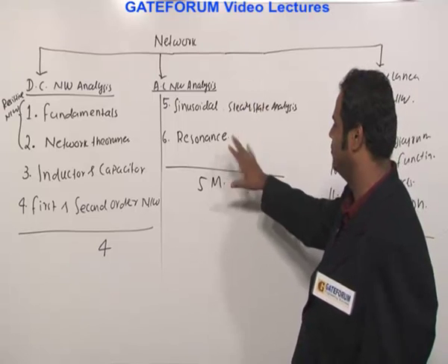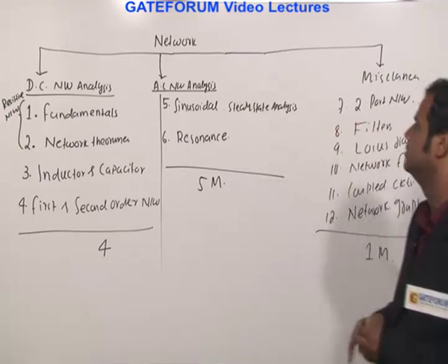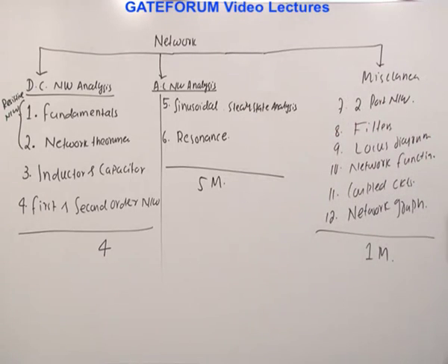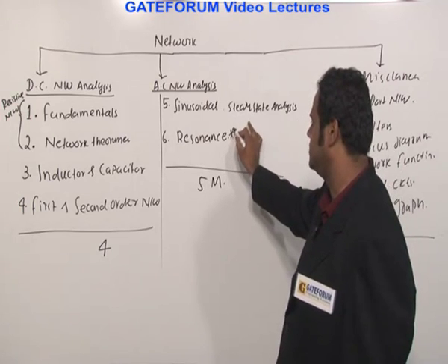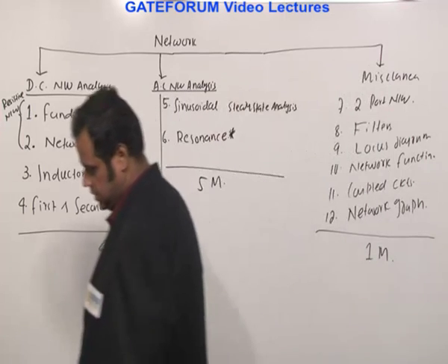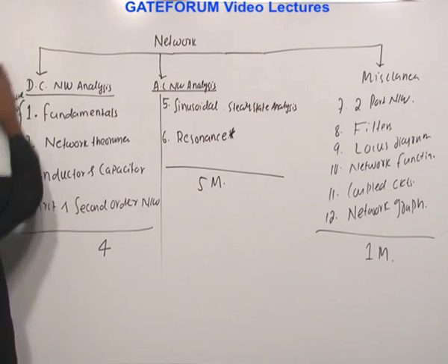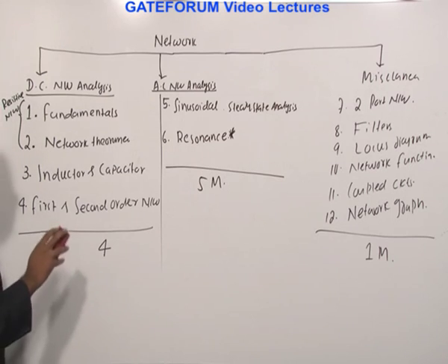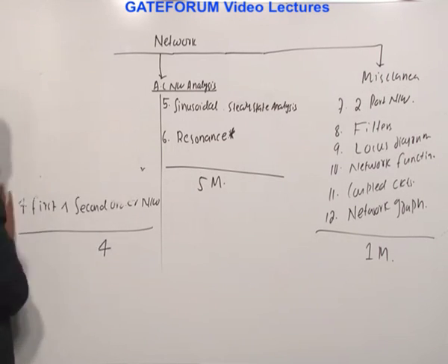Of course, the questions are not tough, but the weightage is good from these two topics: sinusoidal steady state analysis as well as resonance. And in this topic, they are also asking some very nice analysis-based questions. We'll solve those things in resonance. So this is the sequence and these are the contents on which we are going to complete the course.